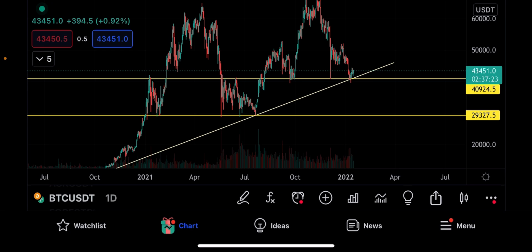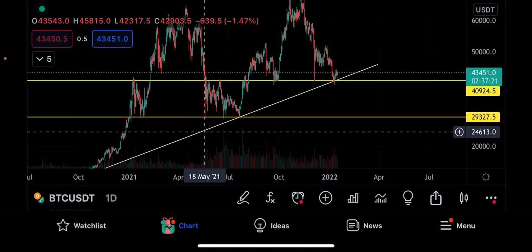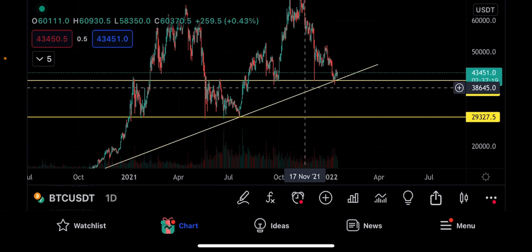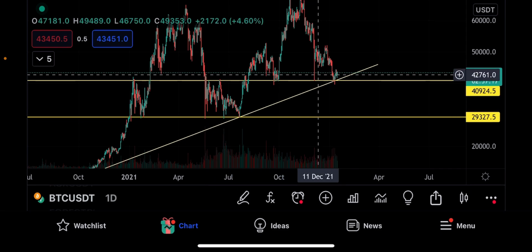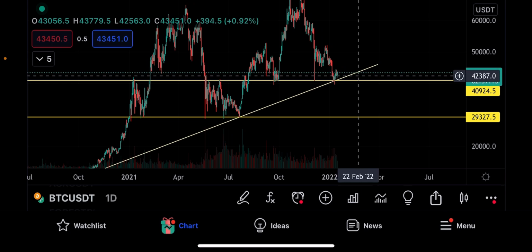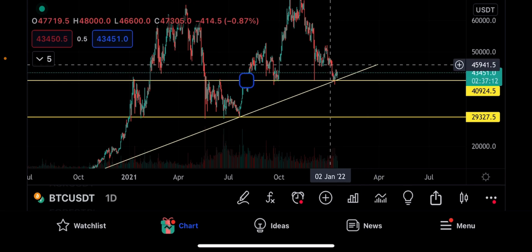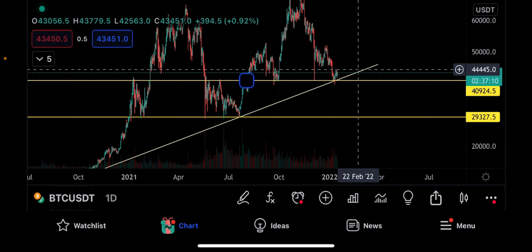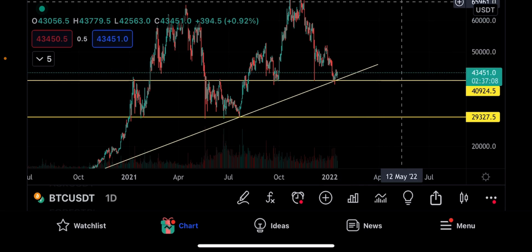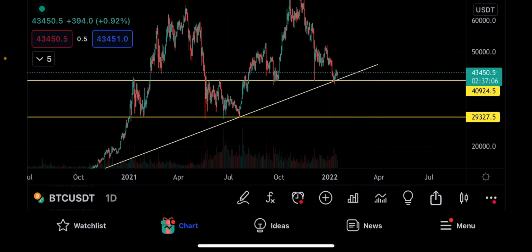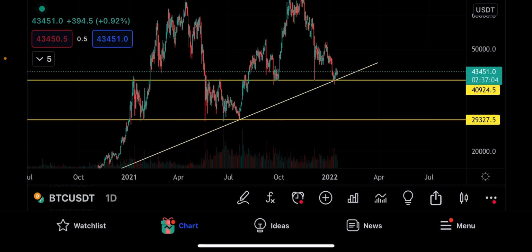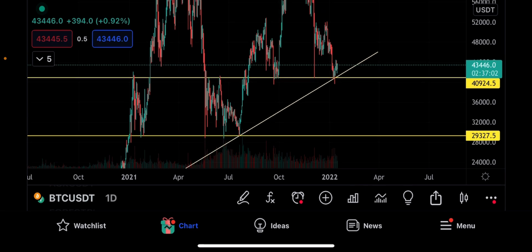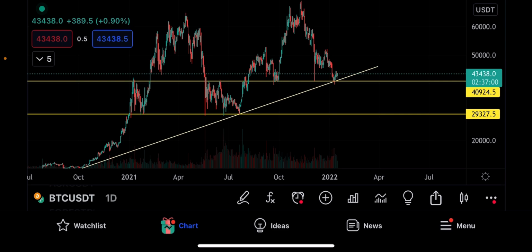Here, this happened for 64 days or whatever, and here I think this is going to happen for at least a month or two. I believe that it's going to go up a little bit and then again touch, and then we fly. That's how I see it. So there is still a possibility for us to touch 40.9k. So you need to be aware of that too.